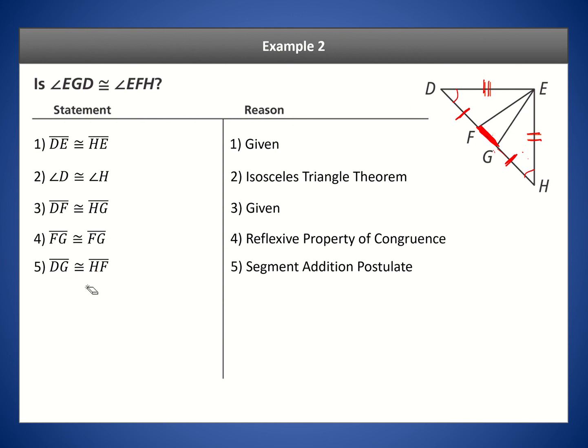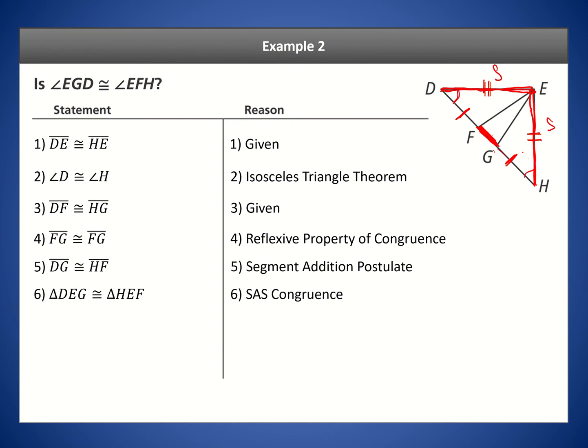All right, so now that we established by the segment addition postulate that those two segments are congruent, we can go ahead and establish that those two triangles are congruent. We can establish that DEG is congruent to HEF. Why is that? Well, because by SAS, we know that DE is congruent to HE, so that's a side and a side.